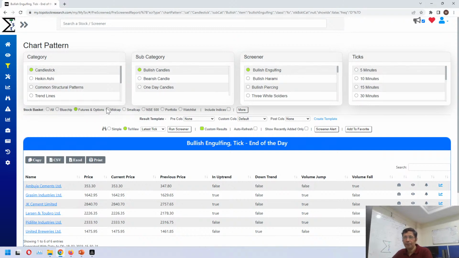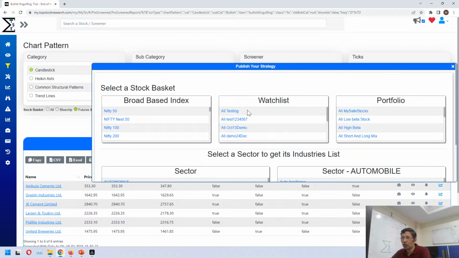You can go to mid cap if you want to trade in mid cap, small cap, NSE 500, and many more filters are available. So look at the stocks. If you don't know how to find them, trust the industry experts. They have created this for you, right? Mid cap is pretty much like Nifty mid cap. Small cap is Nifty small cap. If you want to trade smaller quality stocks, then you can go to micro cap also. Where's micro cap?